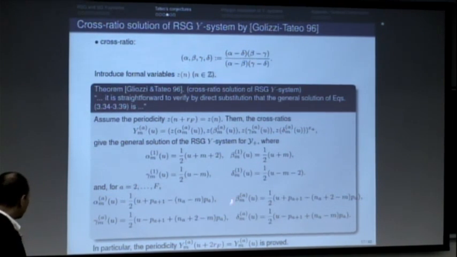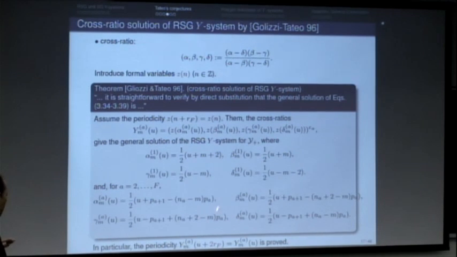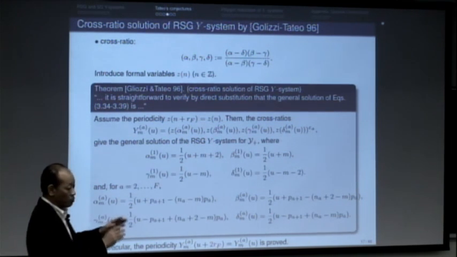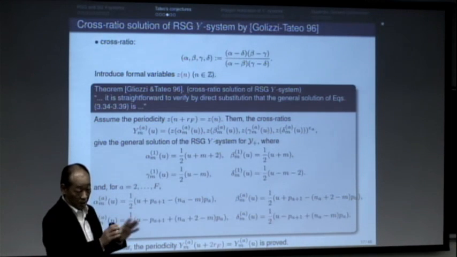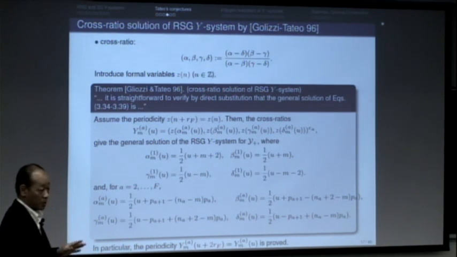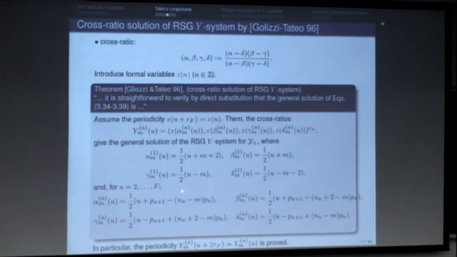Maybe it's not so difficult to have such things up to some constant, because the general relation of a Y system is of such form. Then they just plugged in and surprisingly found that with some choice of constant, it really satisfies this more complicated exceptional relation. That's my expectation.